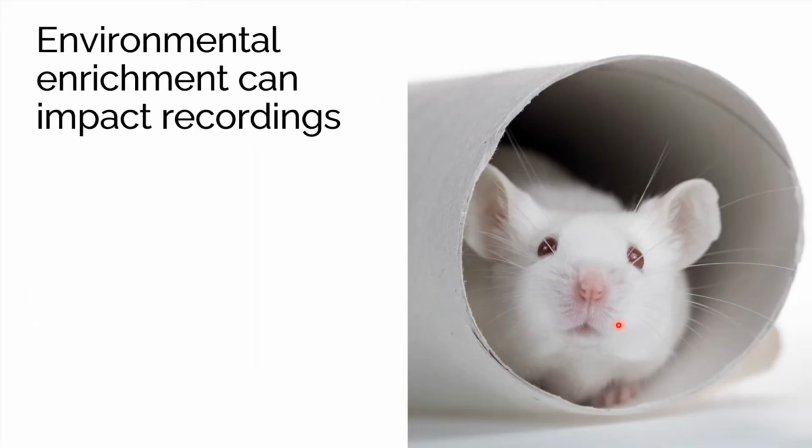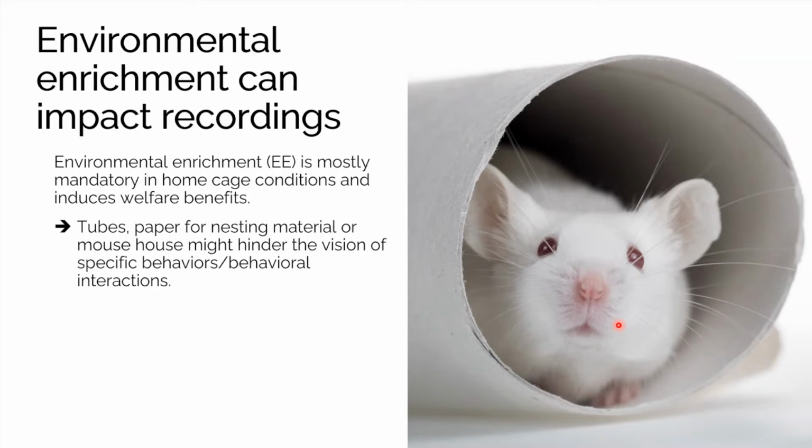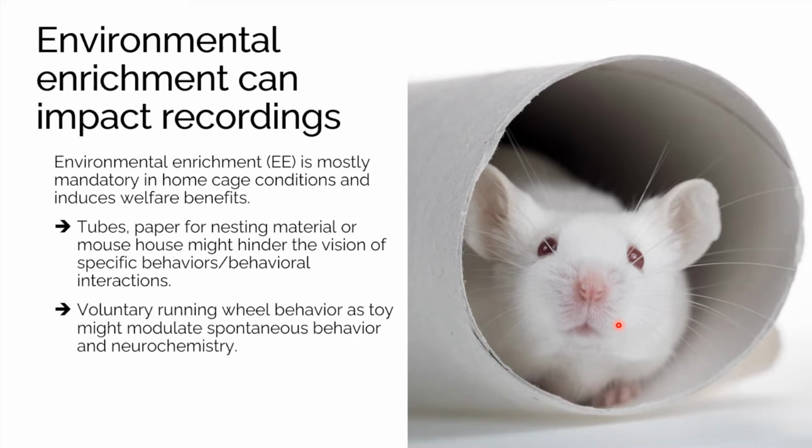Environmental enrichment can also impact the recordings. Environmental enrichment, or EE, is mostly mandatory, especially in Europe, where we are. Home cage conditions are actually needed to ensure welfare. However, tubes, paper, and similar material might, again, as we said before, hinder the vision of specific behaviors and behavioral interaction.